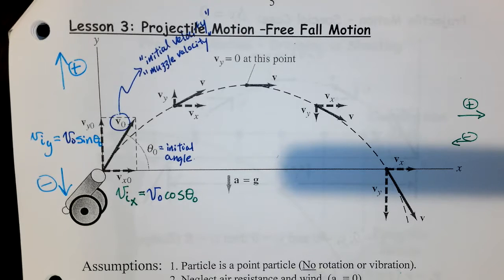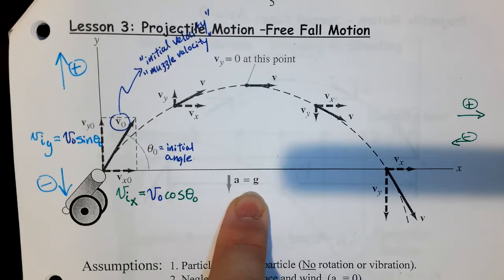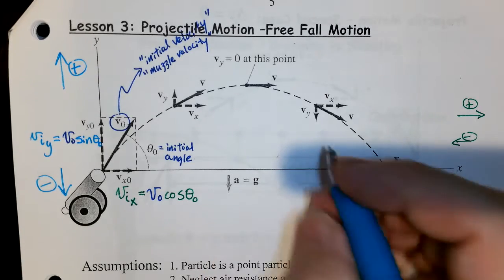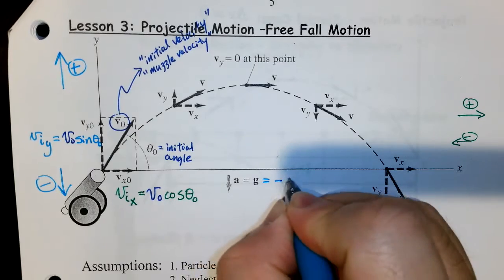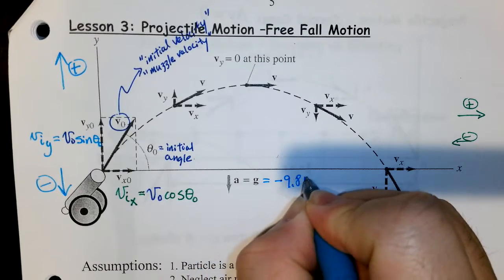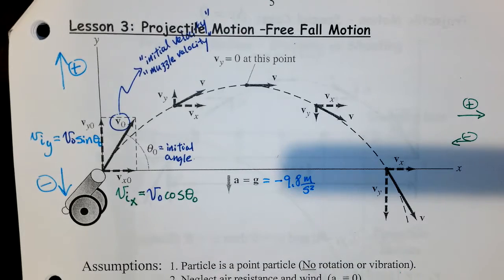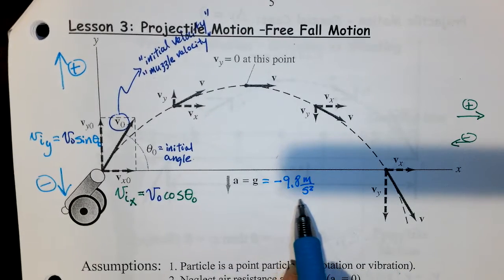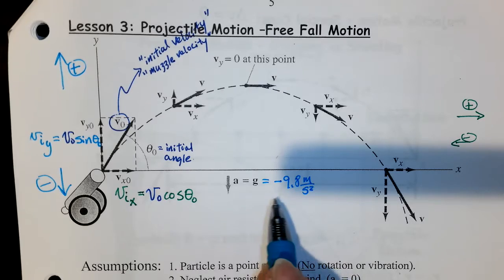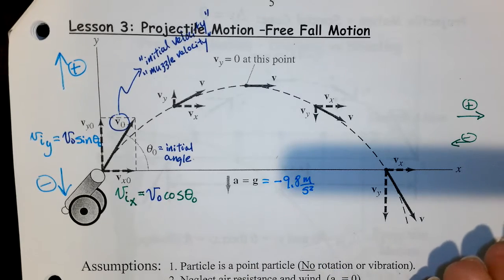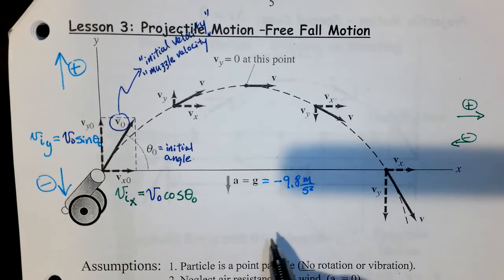However, vertically, it would always accelerate because of gravity towards the center of the Earth at negative 9.8 meters per second squared. And this influence will happen on the way up as well as on the way down.